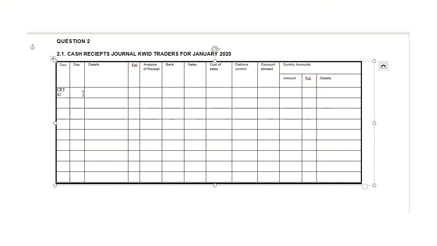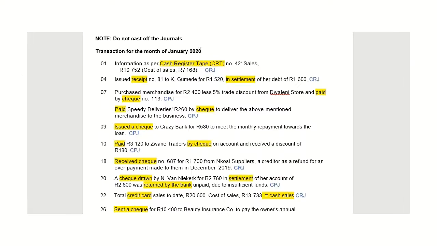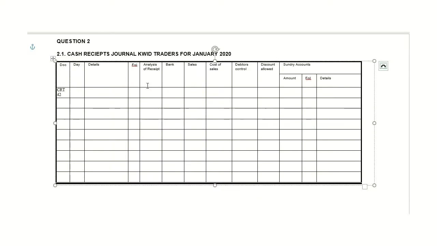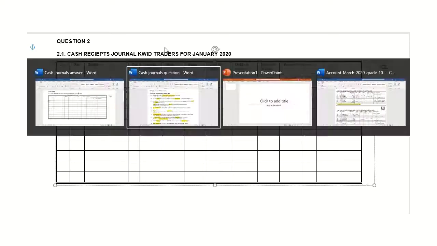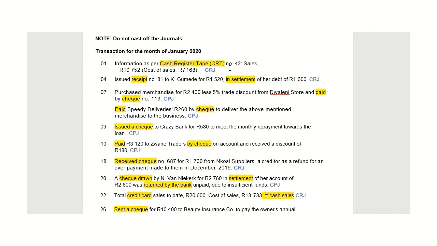The next column is for the date. Now the date is simply the day, and it's the number here on the left. It's the first. The details, who are we receiving money from? I don't know. It's a lot of people that paid me. The CRT is basically the cash register roll, and on the roll it will be all the sales for the day.